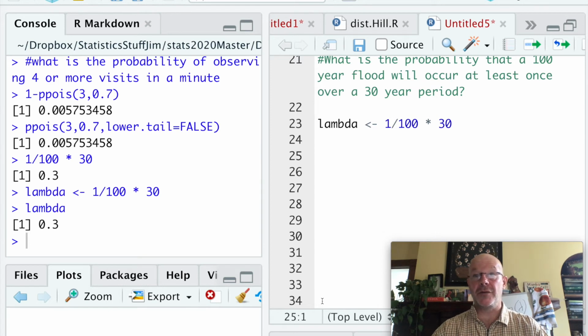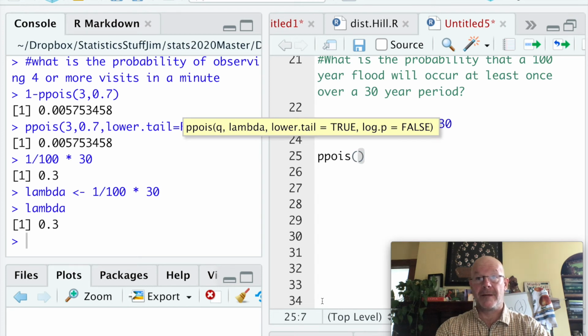So if the question is what is the probability that you will have at least one 100-year flood occurring over a 30-year period, we could use the cumulative distribution function of a Poisson. And what we could say is, well, if we want at least 1, let's go ahead and use the upper tail. So we'll take the cumulative distribution of having 0 or fewer, which obviously is just 0 in this case.